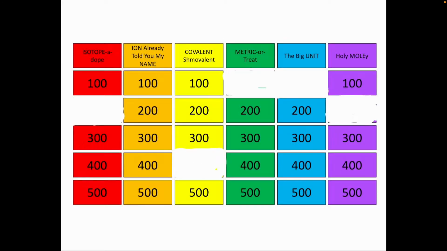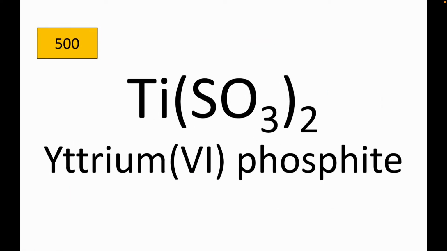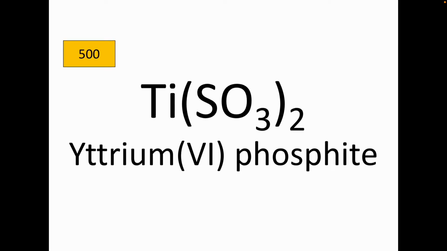All right, Edgar, let's get our new category. What's it going to be? What is it, ions? For what, 500? Holy cow, all right, let's do it. First big one. You're going to give me the name of this compound here and the formula for the second one.